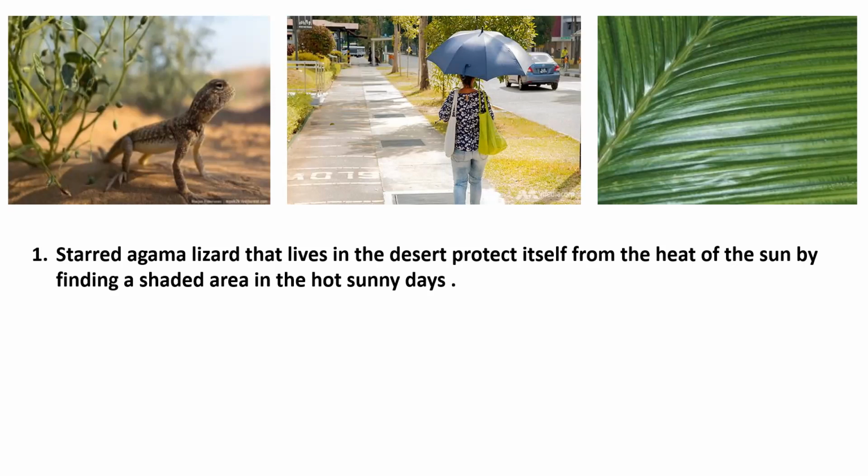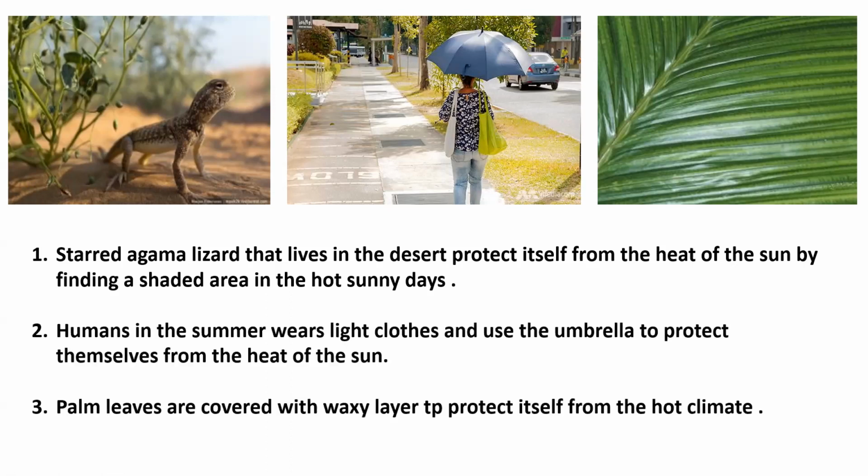So we mentioned three living organisms that protect themselves from the hot sun: the gamma lizard by finding a shaded area, the humans by using the umbrella, and the palm leaves by the waxy layer. Is everything clear?